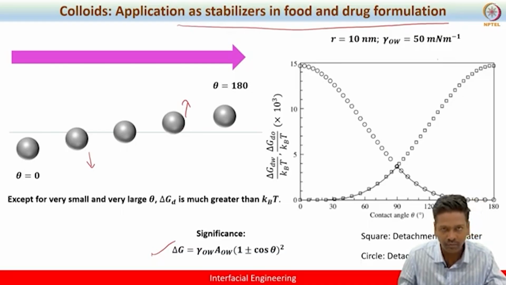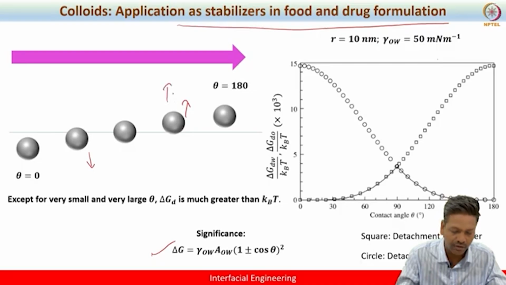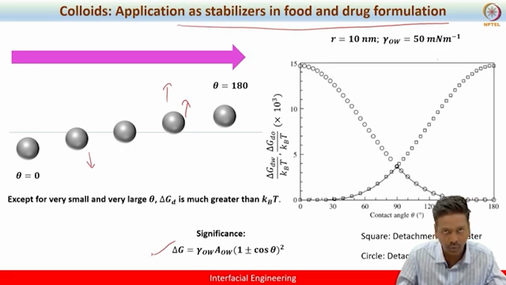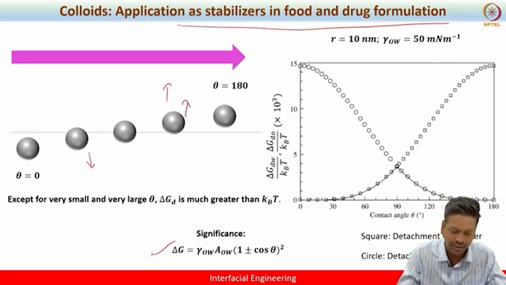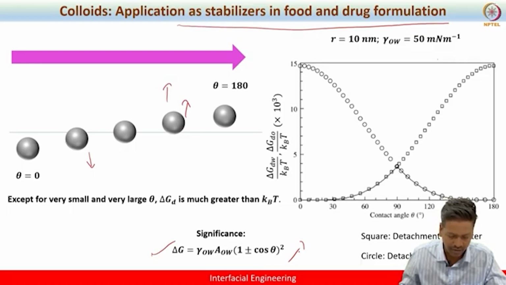So it is more favorable to go into the oil side. Depending on the degree of immersion into the respective fluid, whether it will completely detach into oil or water, one can say using theta. But there is something called delta G detachment.